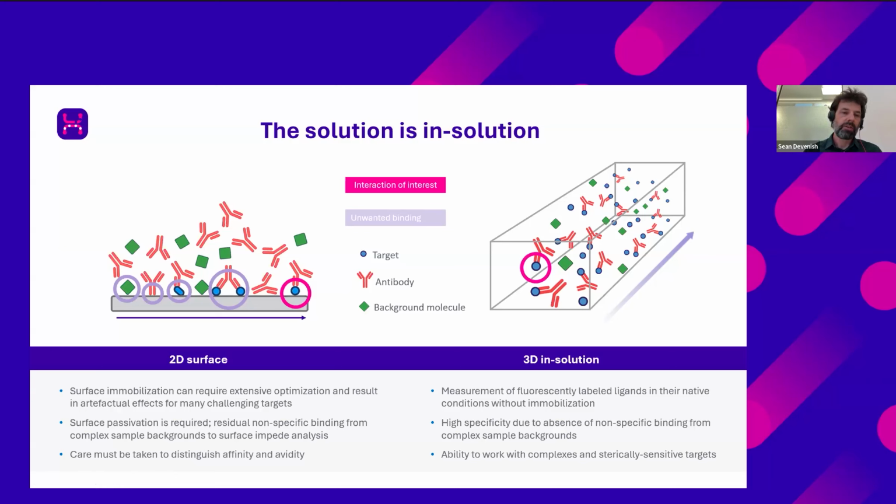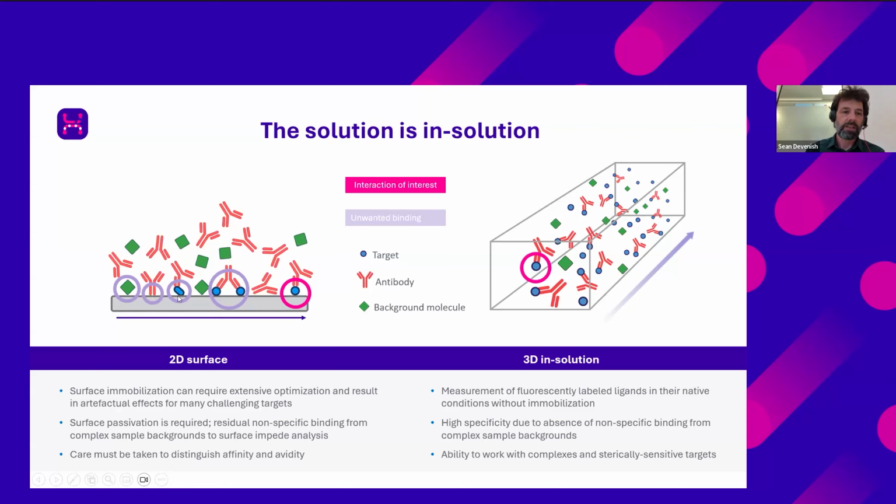However, there are consequences of working at a surface. You can have binding of background molecules directly to that surface, and if you're just detecting interactions at a surface, this would be detected as a binding interaction. Likewise, your analyte can bind directly to the surface without being mediated via the target. So again, this is an artifactual interaction.